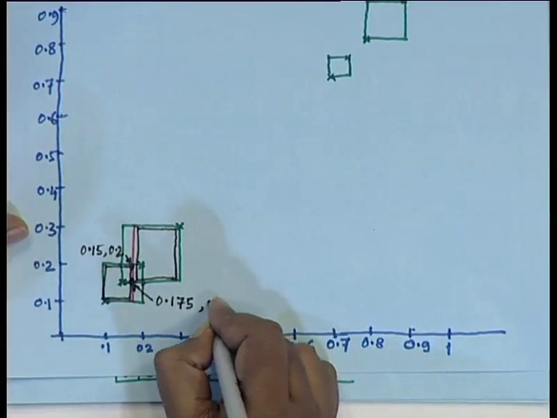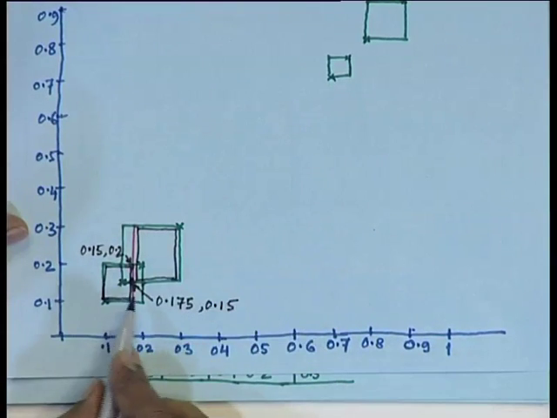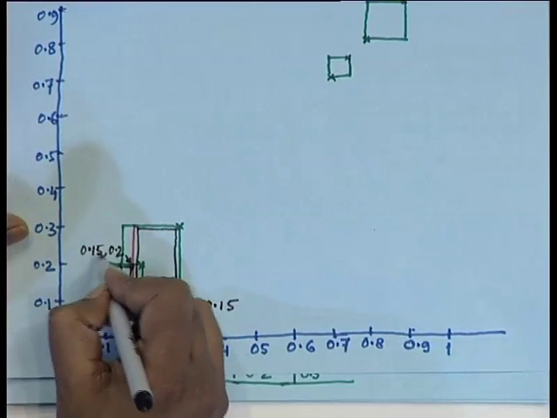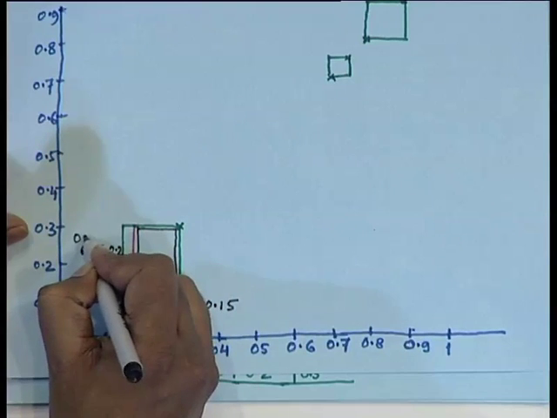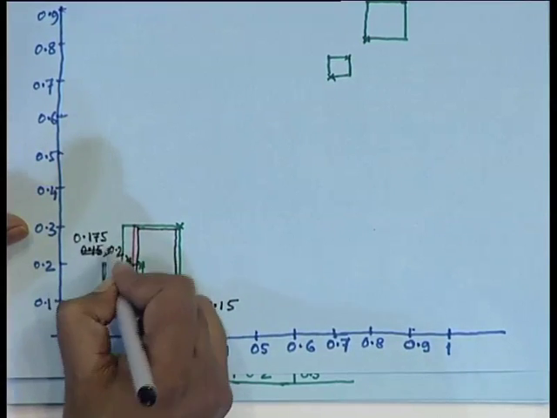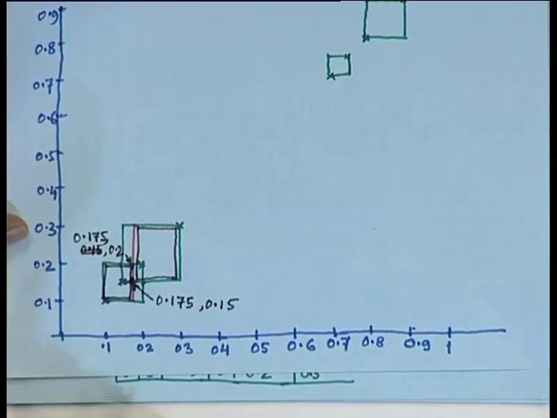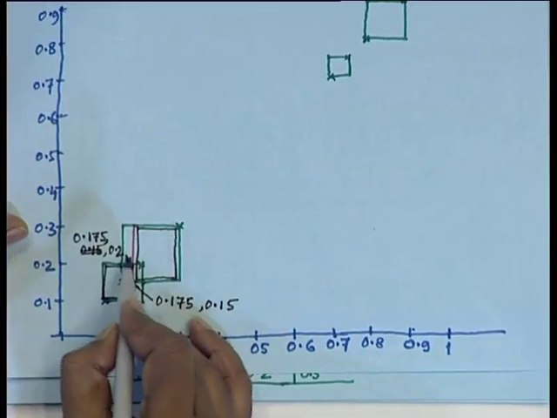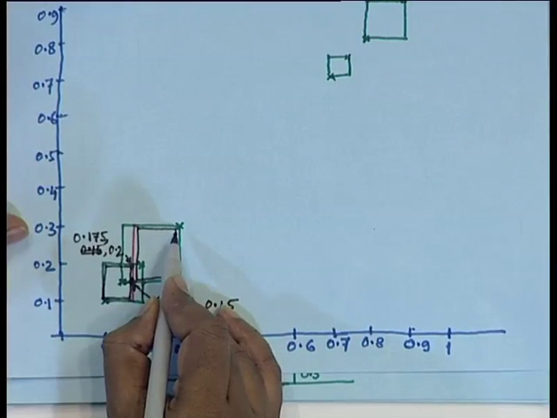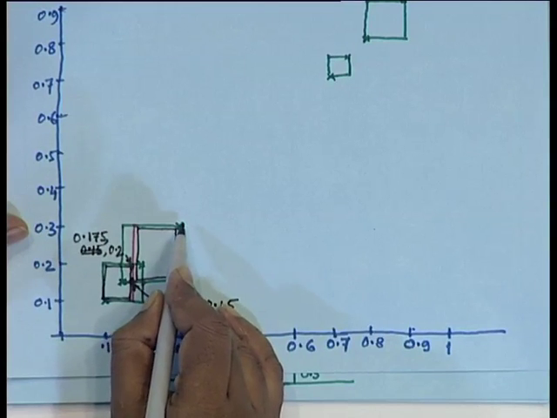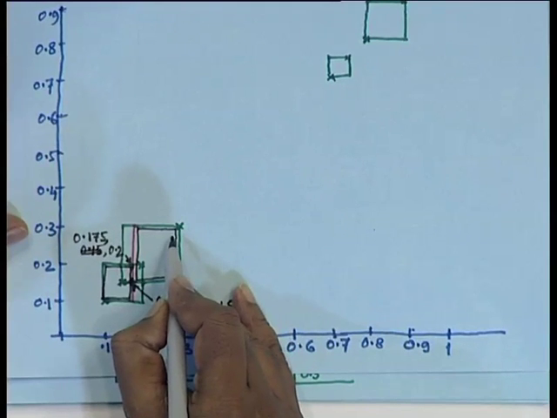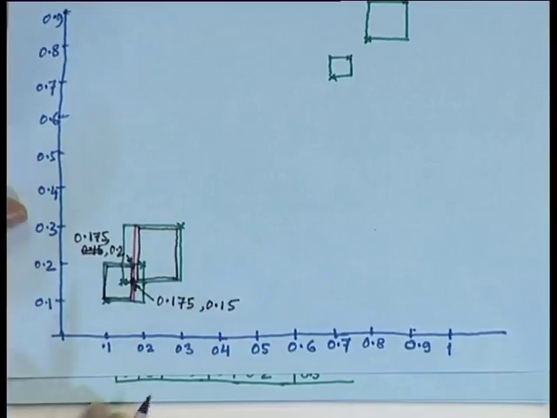And the max point is 0.175 and 0.2. So, the max point of this hyperbox is going to change. And for this hyperbox, earlier I had a point hyperbox for which the min point and max point were the same. Now, the new min point will be this, and the max point will remain unchanged. Is it okay?